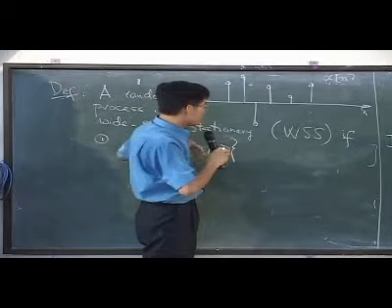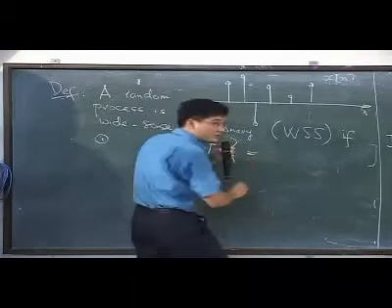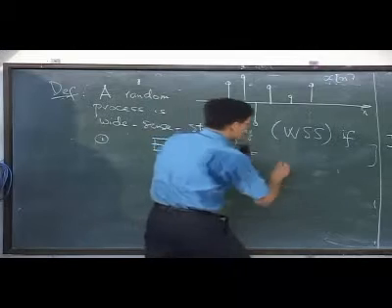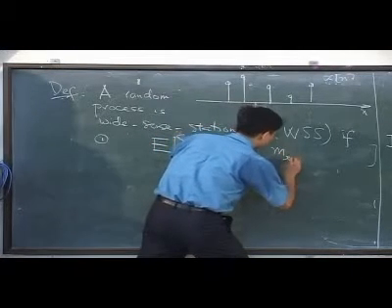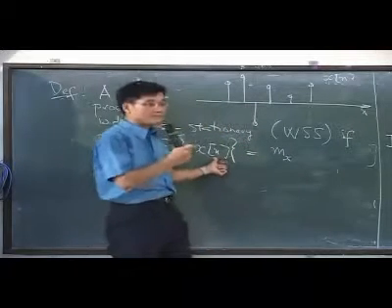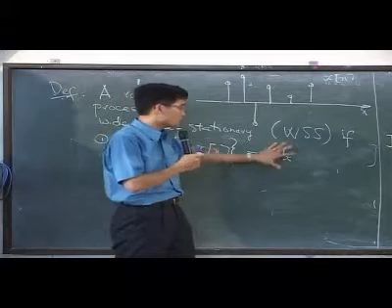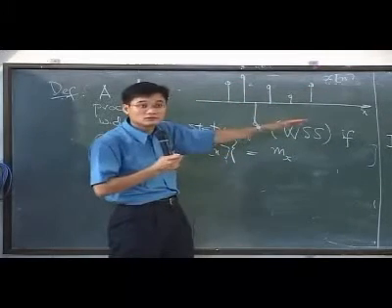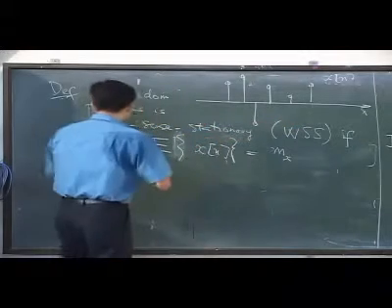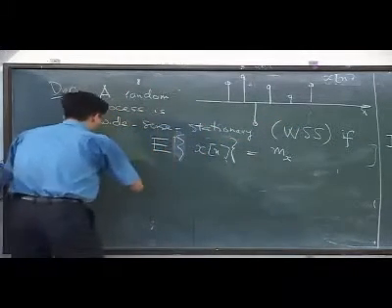And of course this thing must be a constant, and I can define that equal to mx. So it doesn't depend on n. It is equal to a constant which only depends on the whole signal. Of course, stationary implies this.